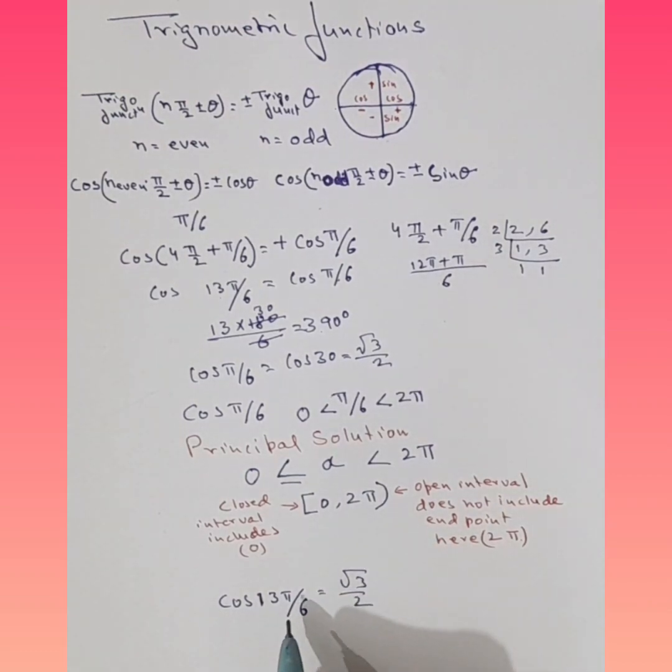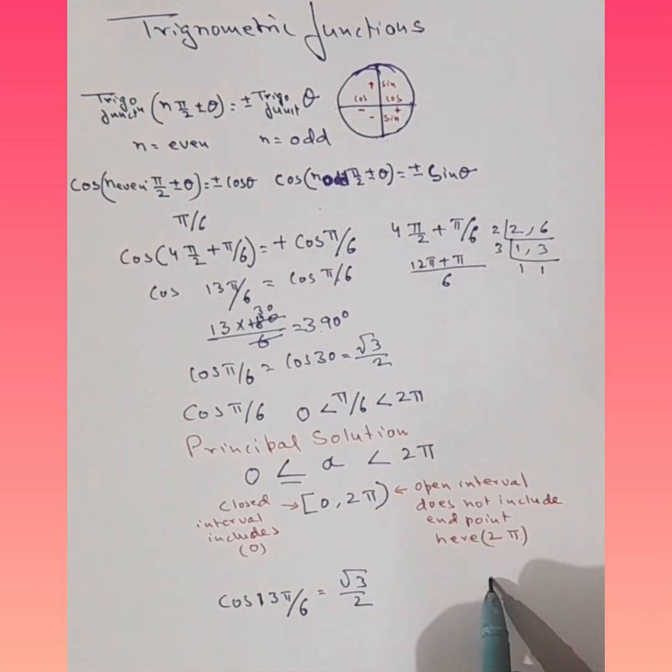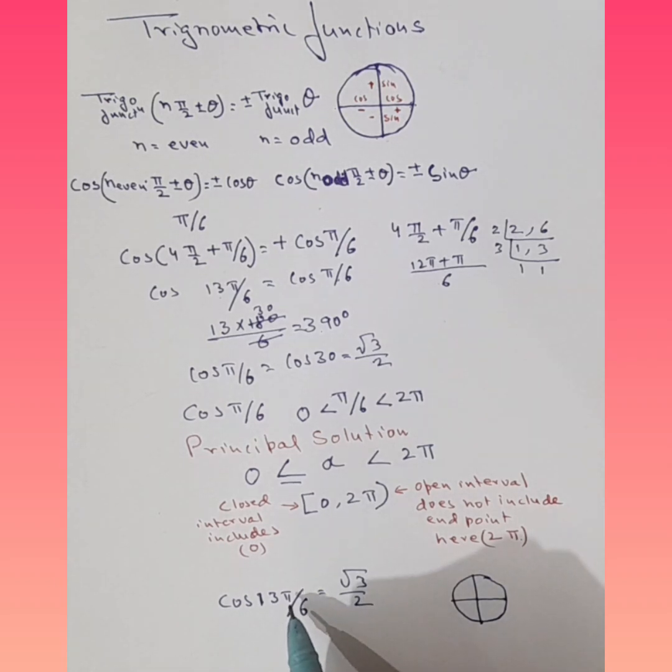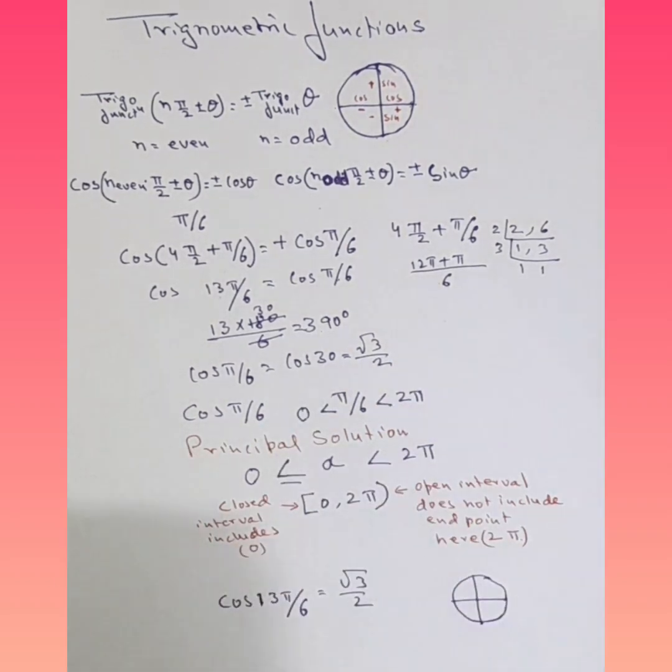Then what do we call this? We call this a general solution. Why general solution? Because now suppose this is the circle and this is root 3 by 2. So root 3 by 2, we just now saw, is 390 degree.